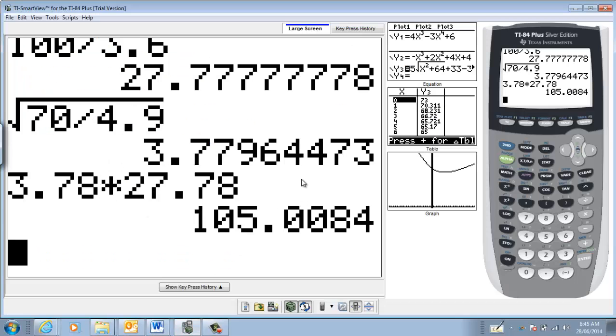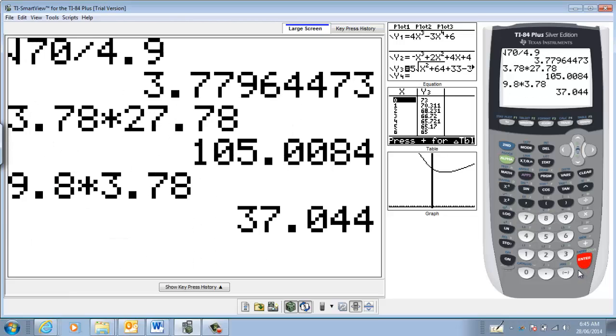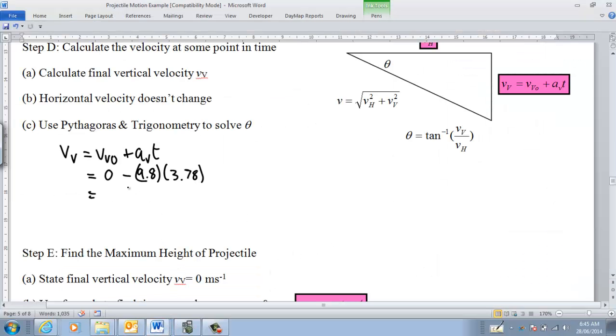So 9.8 times 3.78. That's going to give me an answer of 37 meters per second. So 37, it's going to be minus meters per second.